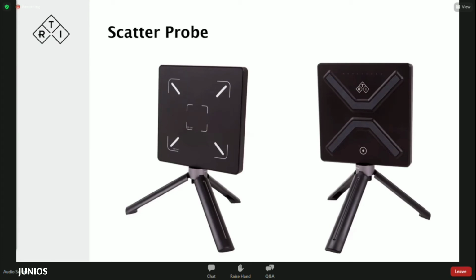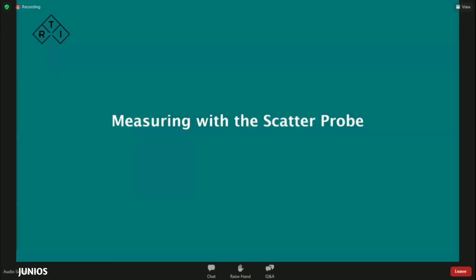So this scatter probe connects with a USB cable to your laptop or to your tablet, which acts as a display unit. Let me go through in a little bit of detail how the data from the scatter probe is presented in the software that comes along with it, which is called the Ocean software.